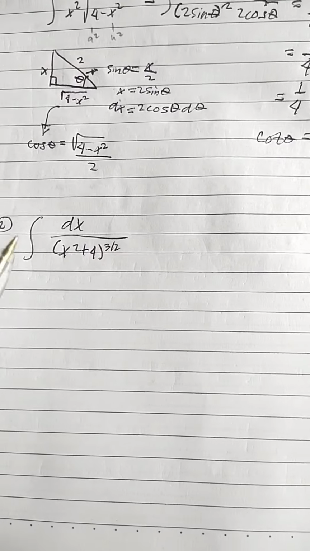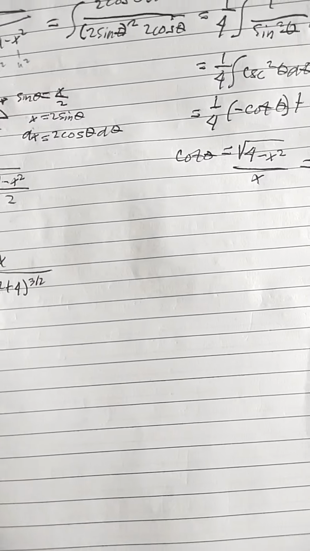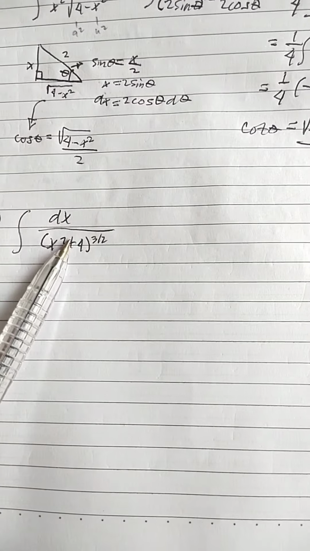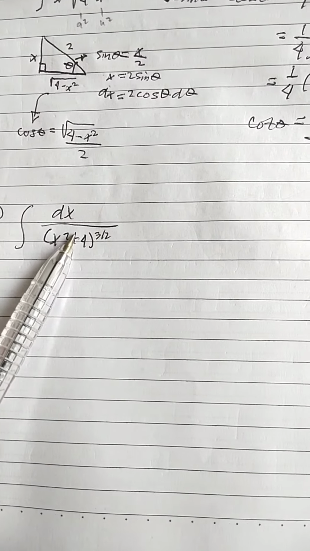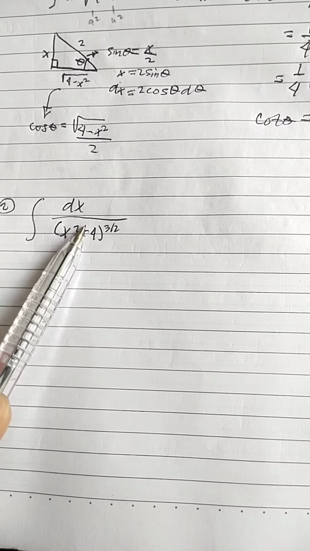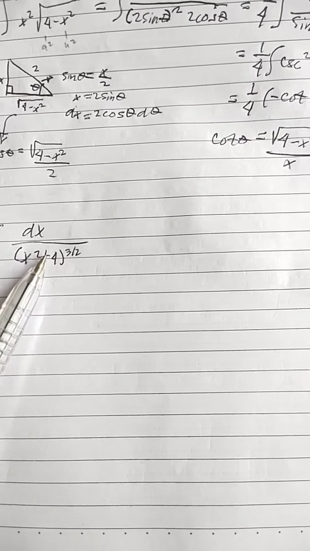So what we can do here is take out one x squared plus 4 and leave x squared plus 4 raised to 1 half.